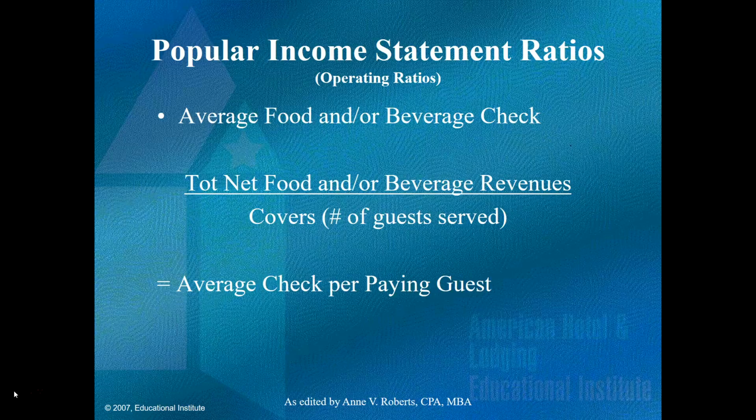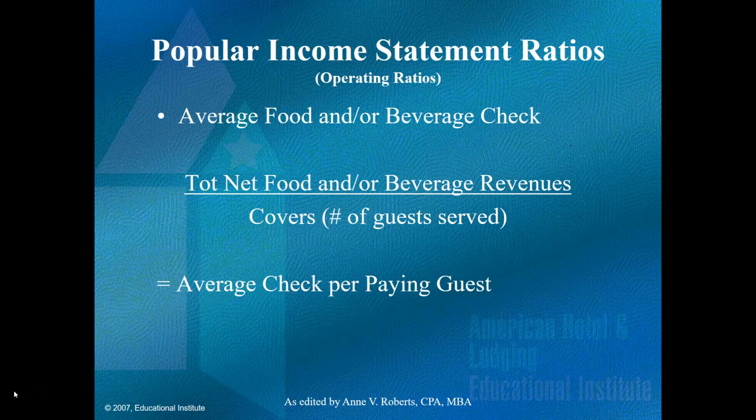Now we're switching over to food and beverage. Realize that he presents this as multiple ratios in the chapter. I put it in as one ratio. We're just going to apply it in different ways. Take the beverage out first.